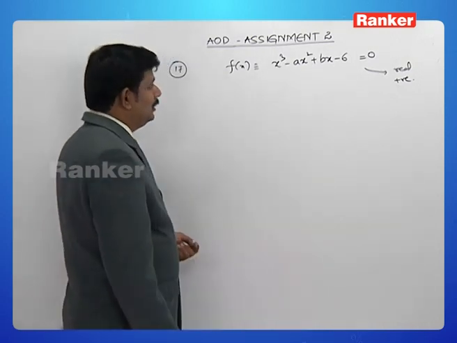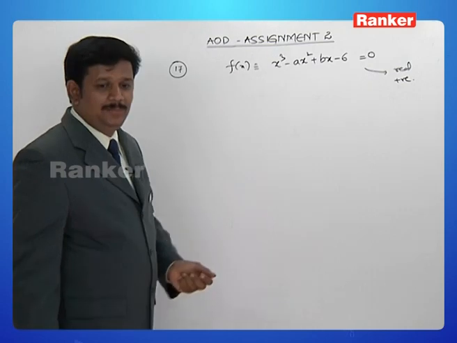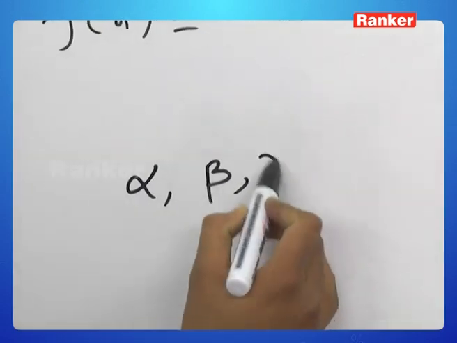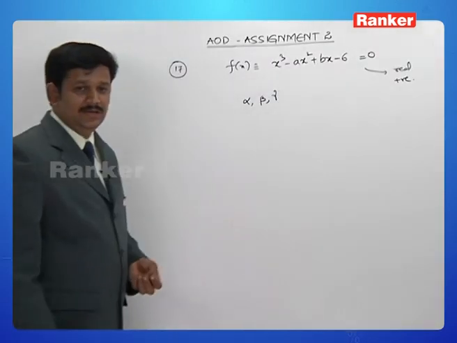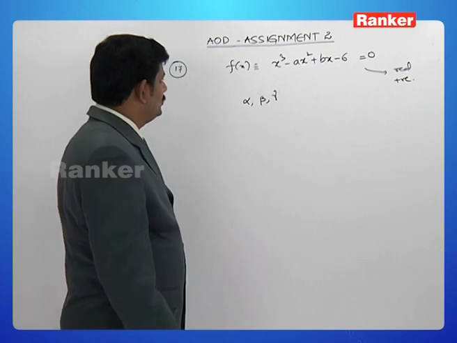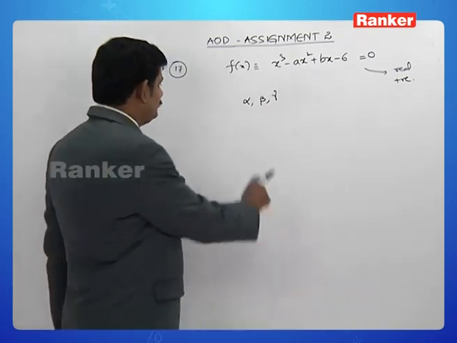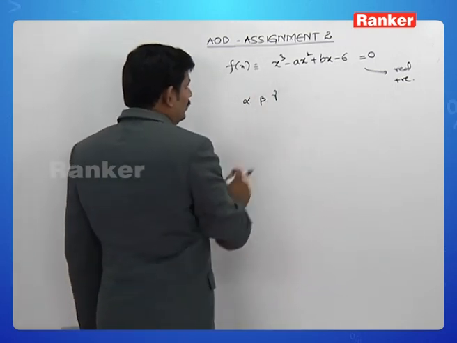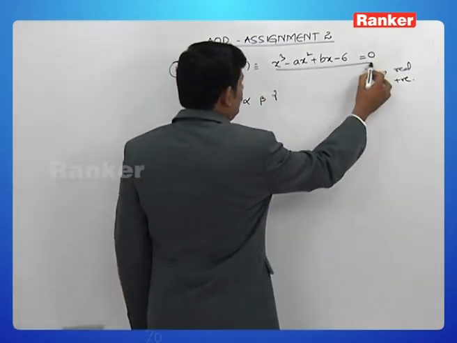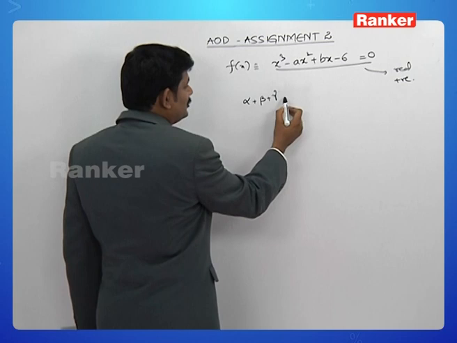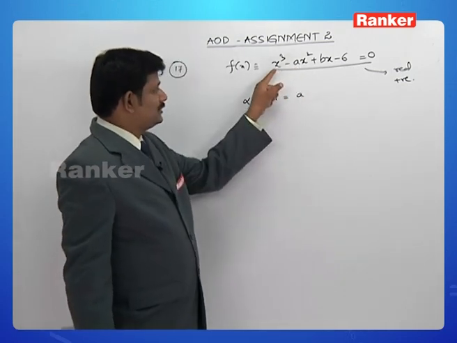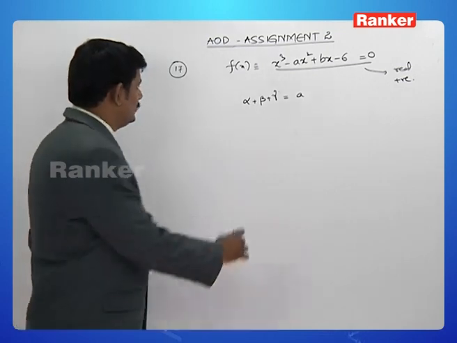Let's say all the real and positive roots are alpha, beta, gamma. Let's say they are the 3 positive real roots of this equation. From the given equation, sum of the roots, alpha plus beta plus gamma, is equal to a, minus of coefficient of x square by coefficient of x cube.